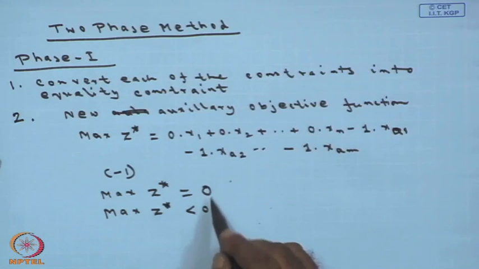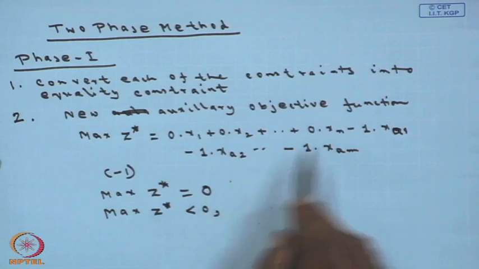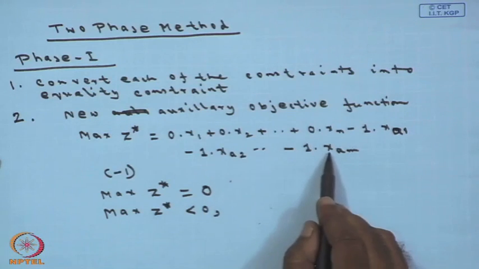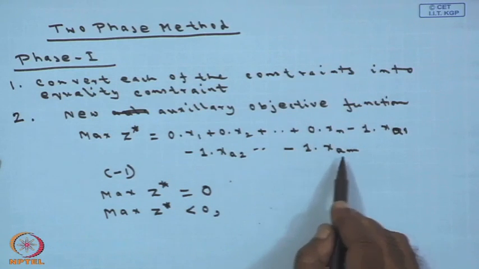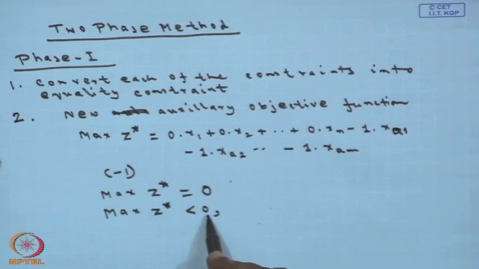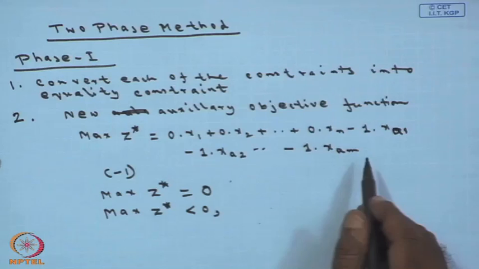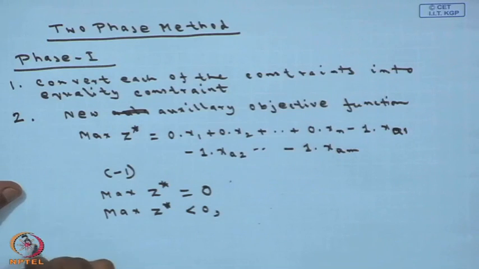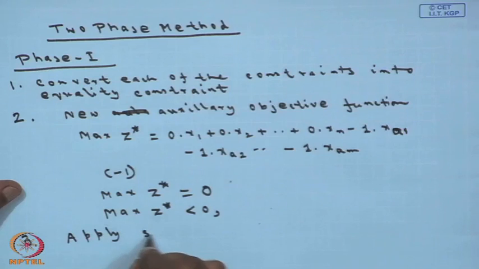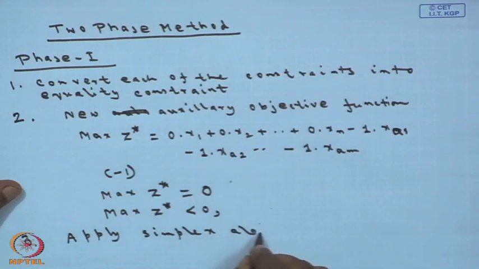So, this I have to note: if maximize z star is 0, that means all the artificial variables are 0 in the basis, whereas maximize z star less than 0 means at least one artificial variable is positive.